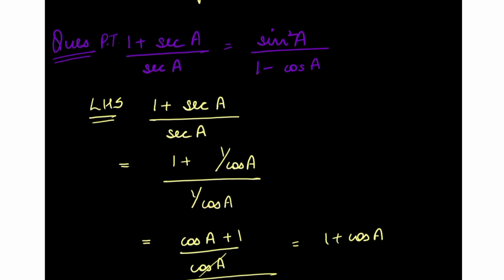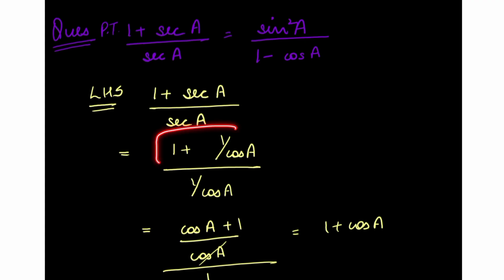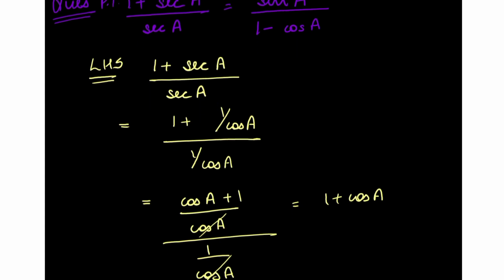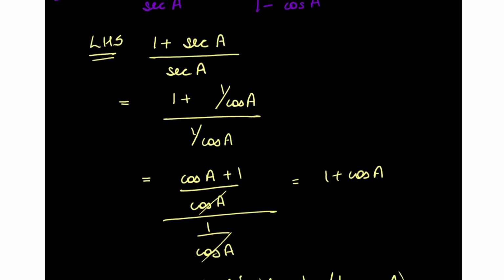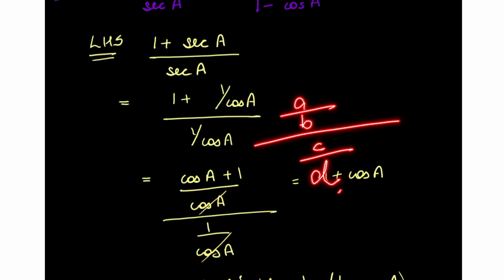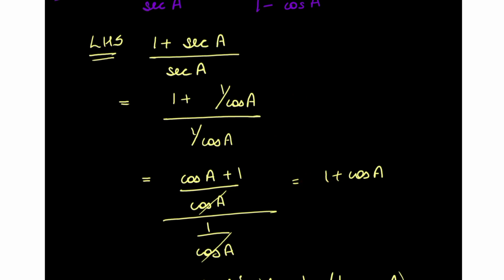Same as what we have been doing here, we will take the LCM in the numerator first, that is cos a plus 1 divided by cos a, and so this cos a and cos a gets cancelled again. If this is the expression, then b and d can be directly cancelled out, and a and c also can be directly cancelled out. Okay, so this leaves us with 1 plus cos a.